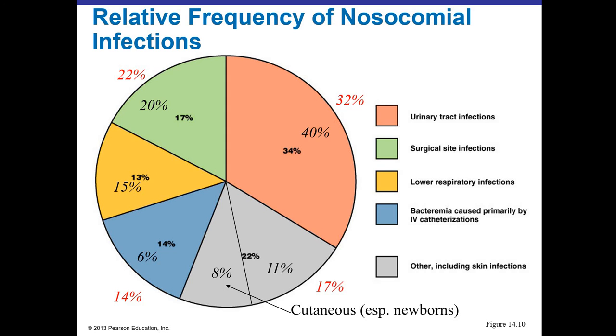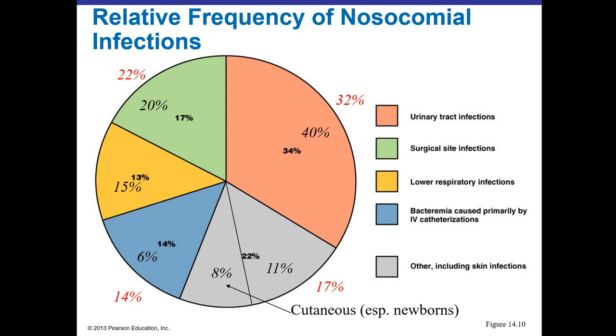Again, we try to make sure that we are doing good practices, but when you have so many IVs being inserted, it's just a continual source of potential infection. The last category is just the other, but can include skin infections, anywhere from 11 to 22%, currently about 17% of all hospital infections.